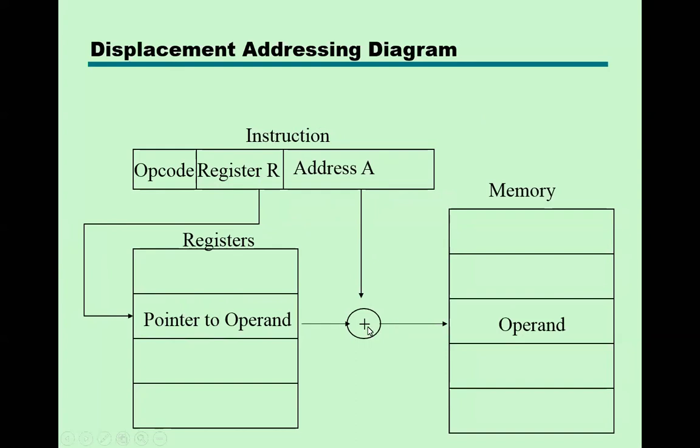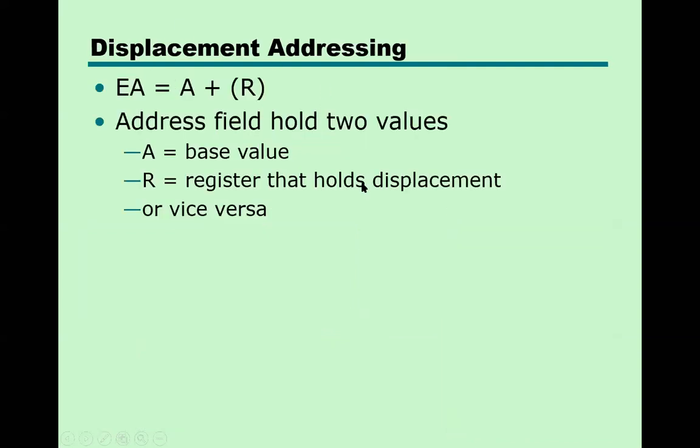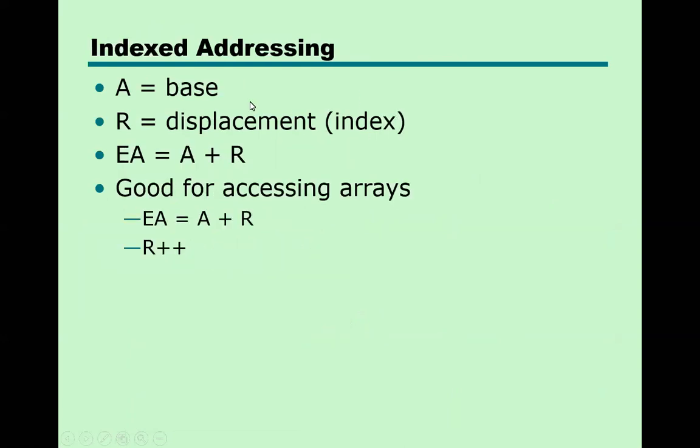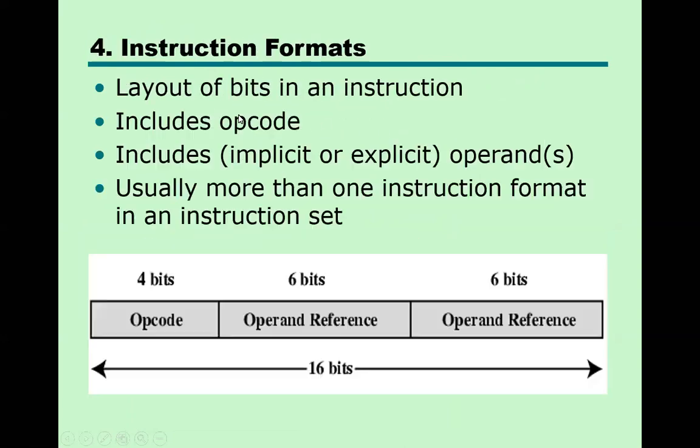When you calculate the address, you will get the particular location on the memory. So displacement has a number of types, like relative addressing, base register addressing, index addressing and stack addressing. In the last lecture, we have discussed up to this.